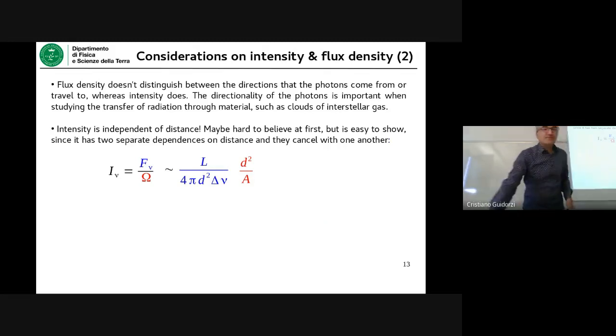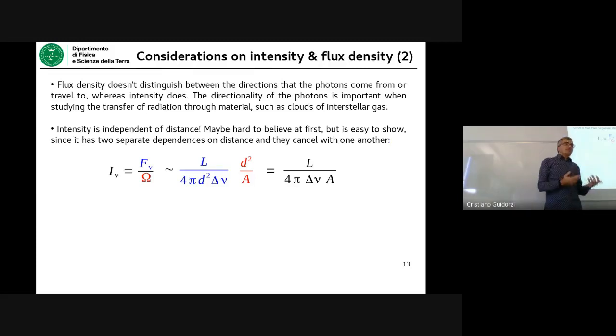Both numerator, flux density here, and denominator, solid angle, scale with distance in the same way, 1 over square distance. So understandably, their ratio doesn't depend on distance, which is exactly the reason why specific intensity or brightness doesn't depend on distance, because it's the ratio between two things which scale the same way with distance.